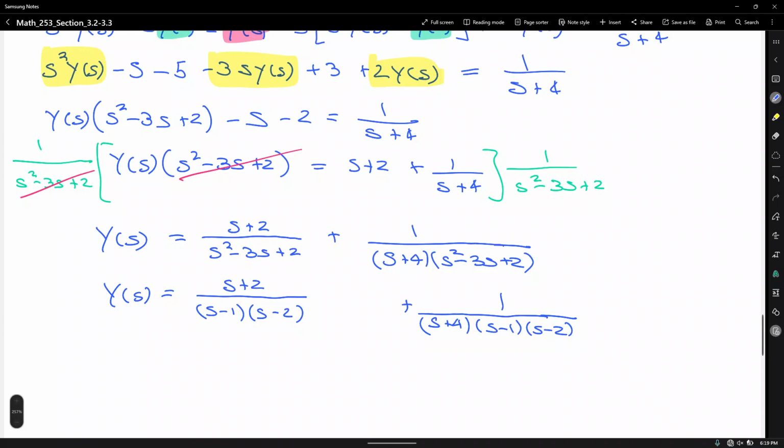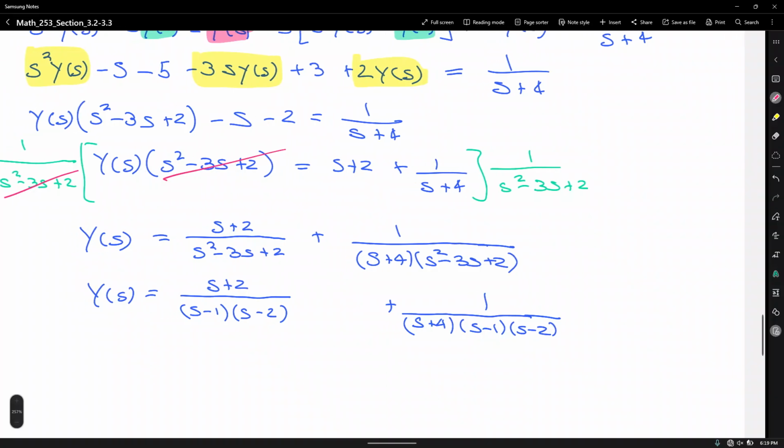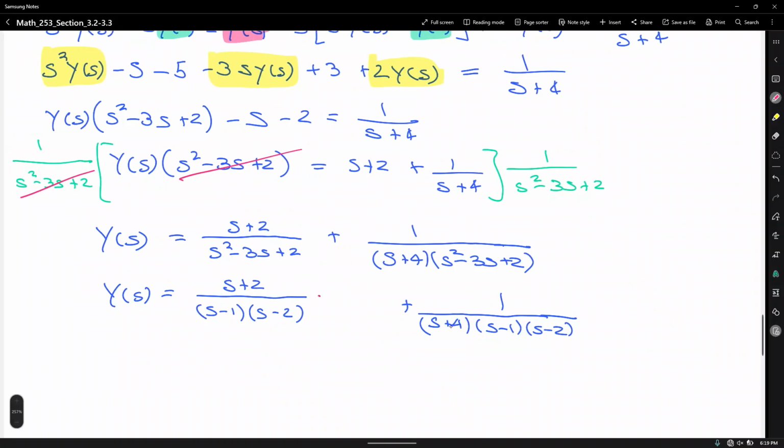So I think I'd rather combine these two fractions together. All we need is to multiply the numerator of the first fraction by the missing factor, s plus 4. Now that we have the same denominators, we can combine everything into one single fraction.